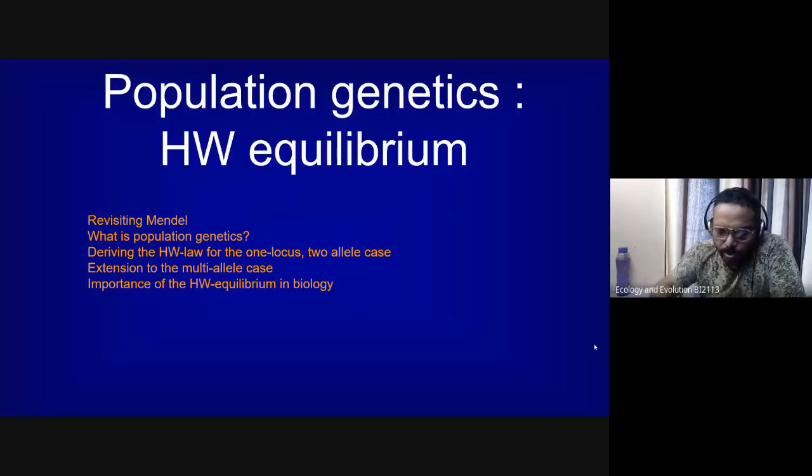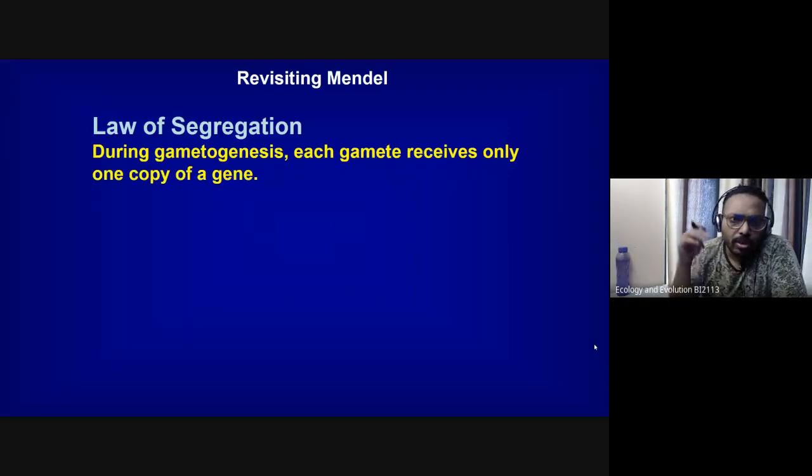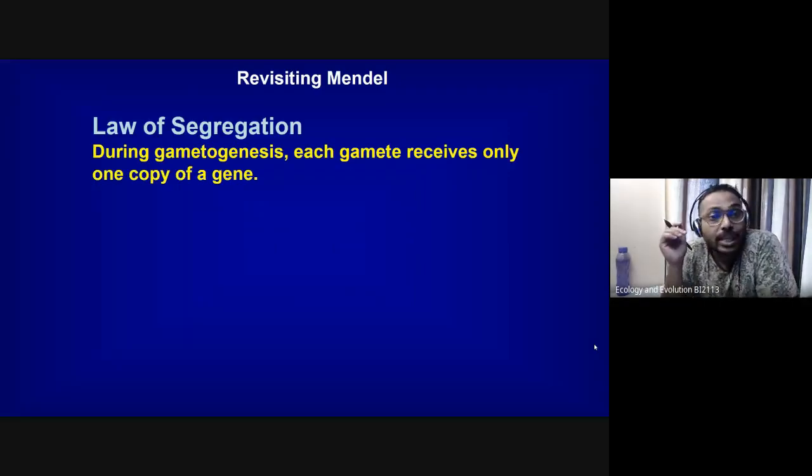Okay. But before we do that, we need to quickly revisit what Mendel's laws were. If you remember, there were two major laws. One was the law of segregation. I mean, the law of dominance is also there, but we don't need it over here.